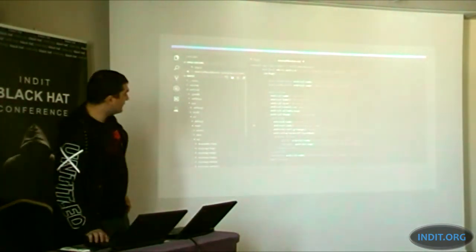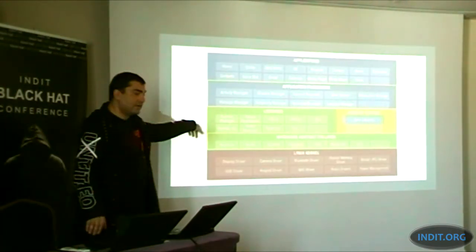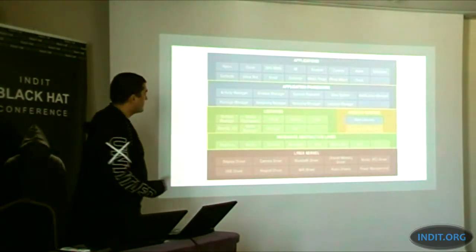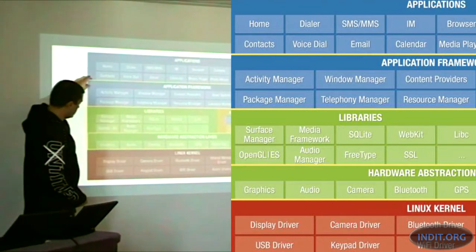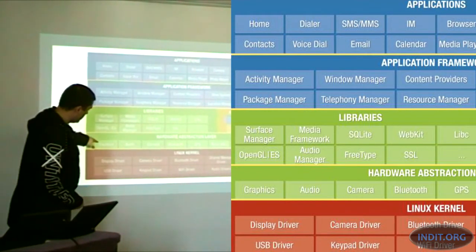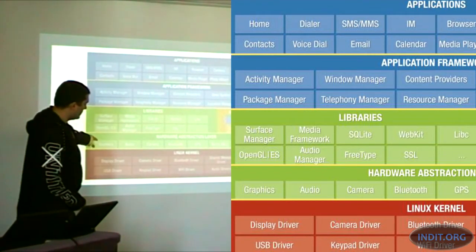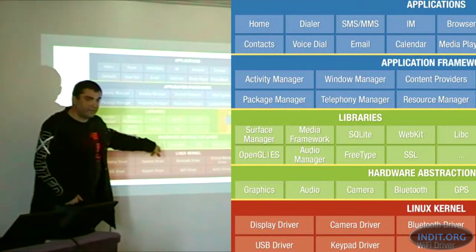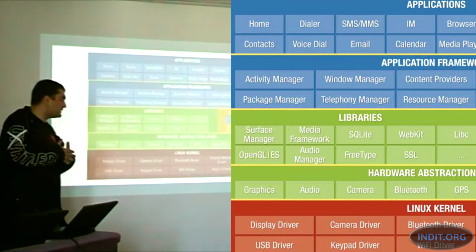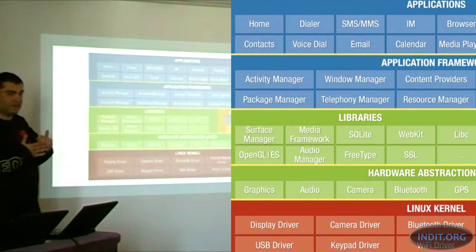And as pointed out in the previous slide, technically we have an application which needs to go to here to connect to the internet and to the camera. And for Android, this is just one line of code and nothing else.